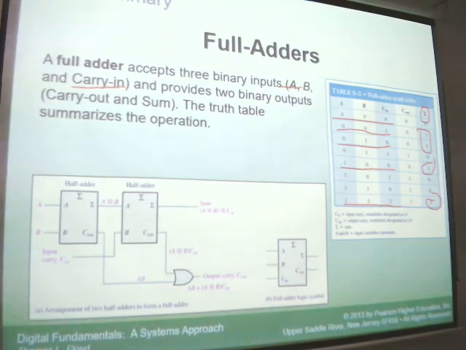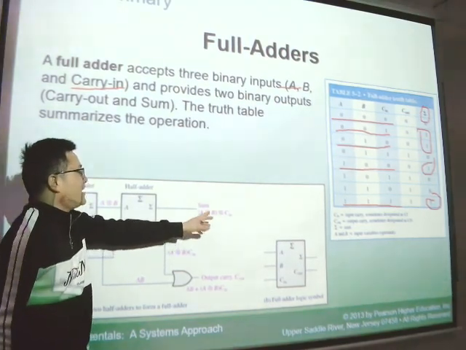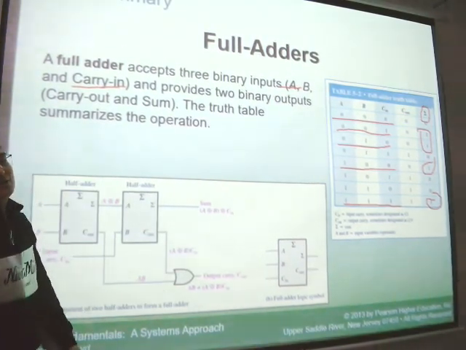A bar B bar C plus A bar B C bar plus A B bar C bar plus A B C. In fact, it is equivalent to A XOR B XOR C in.